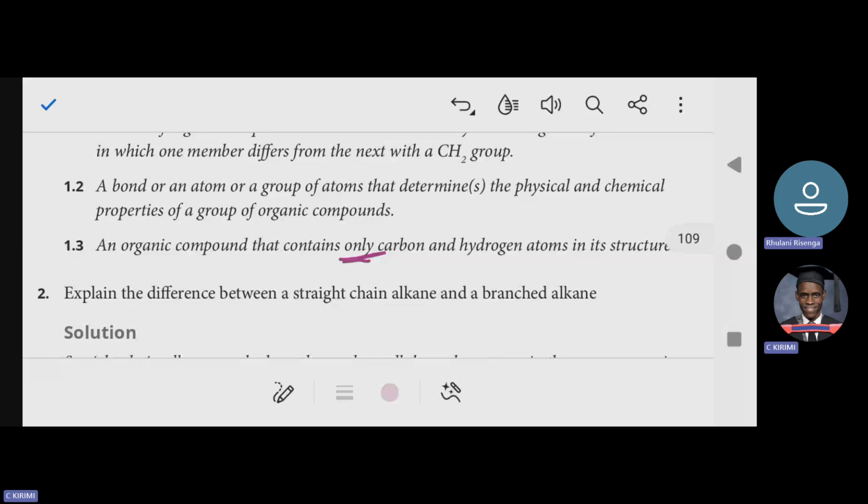How do they differ? We have the same molecular size, but the difference is that the intermolecular forces on the straight chain are harder to break than the ones on a branched chain.